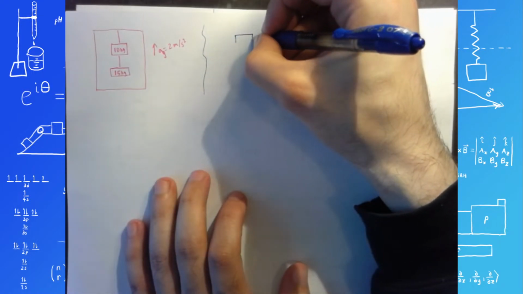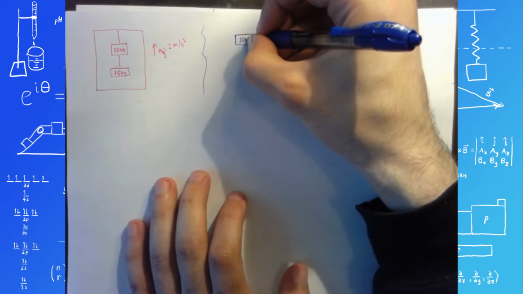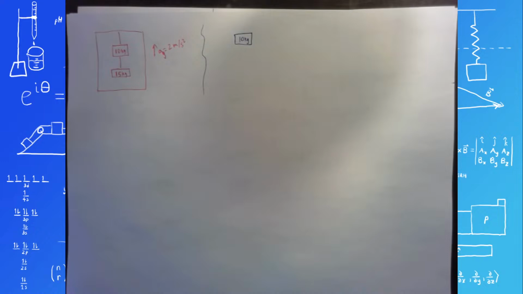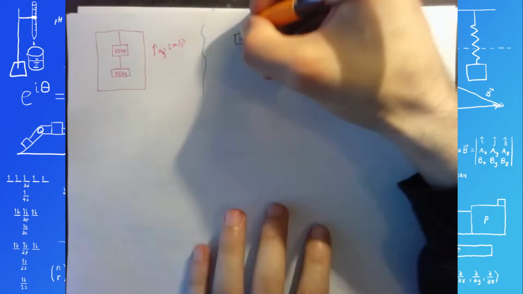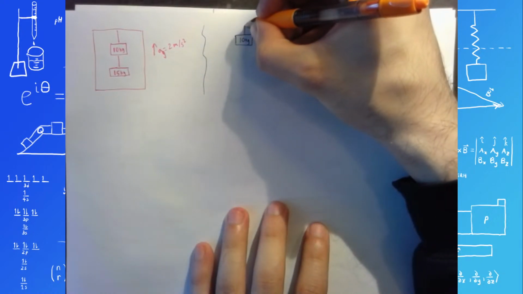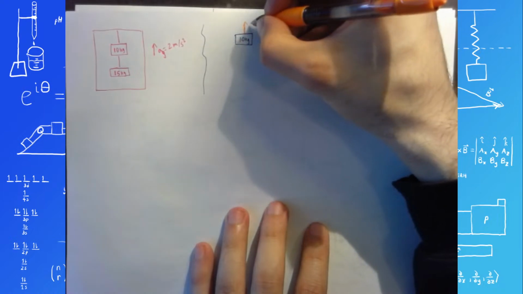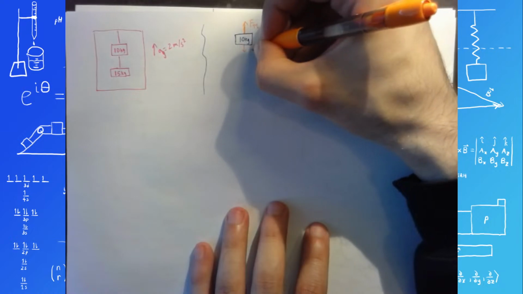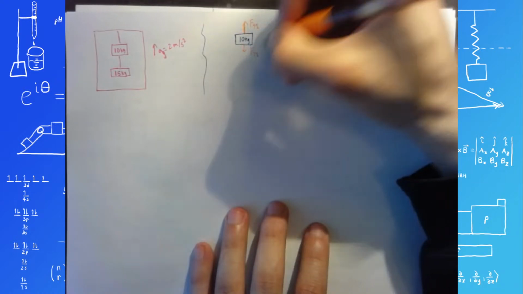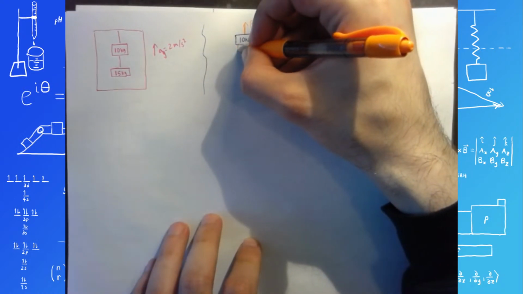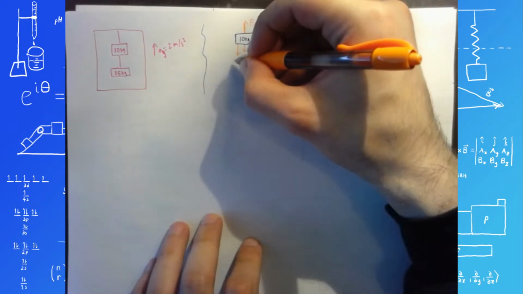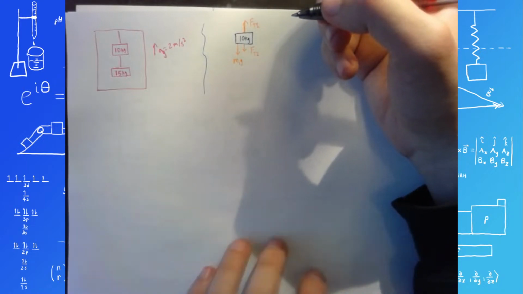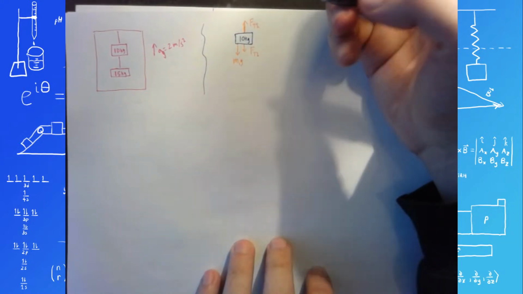For the 10 kilogram object, we've got force of tension 1 upwards and force of tension 2 downward, and also the weight downward. So I'll call that m1 g. I'm going to say that the 10 kilogram object is object 1.